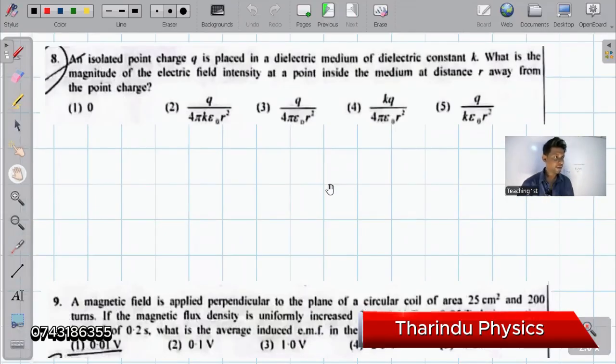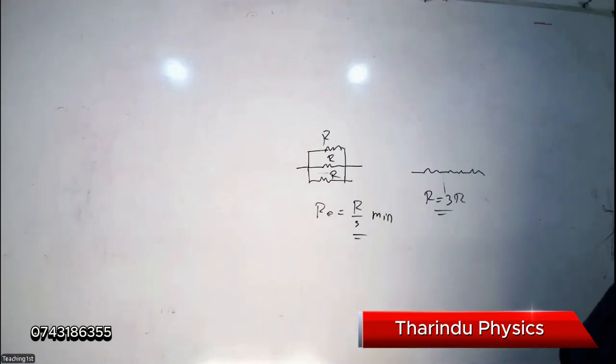An isolated point charge q is placed in a dielectric medium of dielectric constant K. What is the magnitude of the electric field intensity at a point inside the medium, r away from the point charge? Very simple, right?